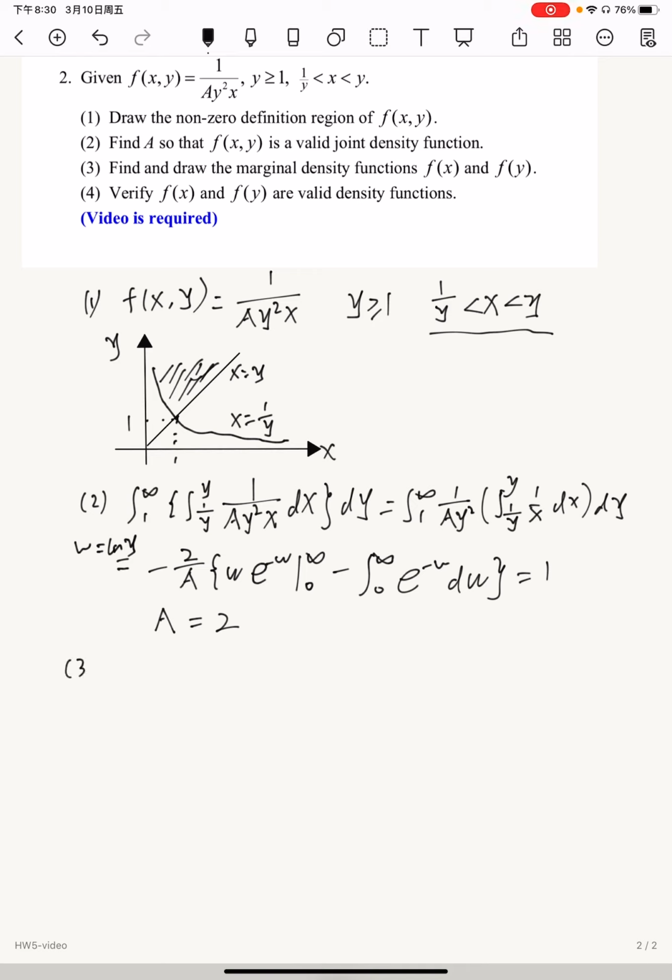And the third and fourth problem, let's solve them.